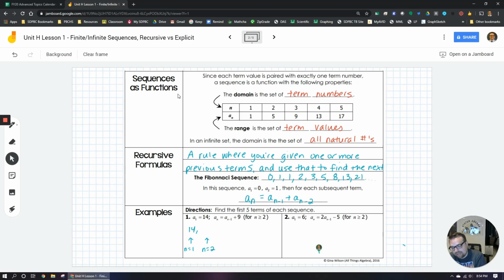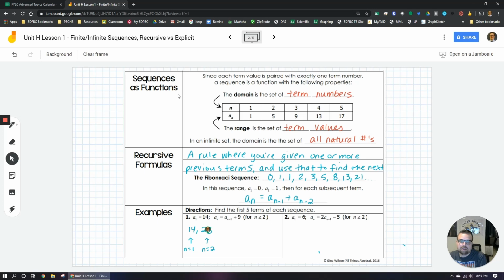That would mean that a sub 2 equals a sub 2 minus 1. Well, 2 minus 1 is 1, so that's going to be the first term, or a1, plus 9. If we know the first term is 14, and we take that 14 and add 9 to it, that's going to give us 23, and that would make the next term 23.